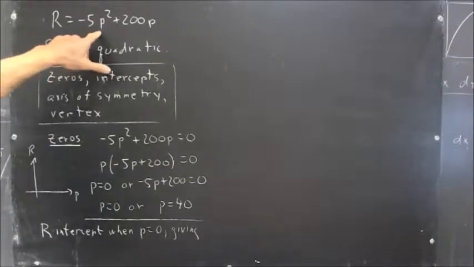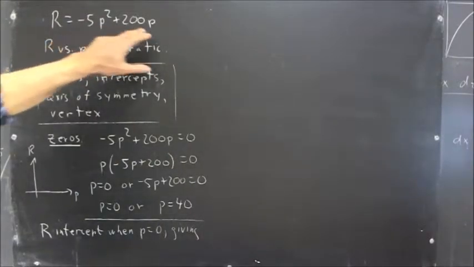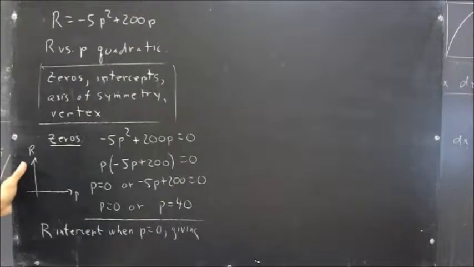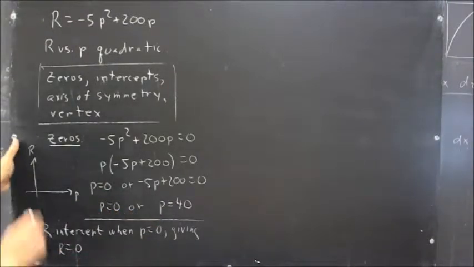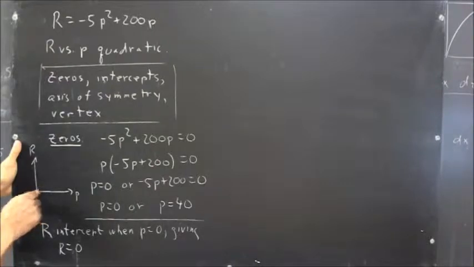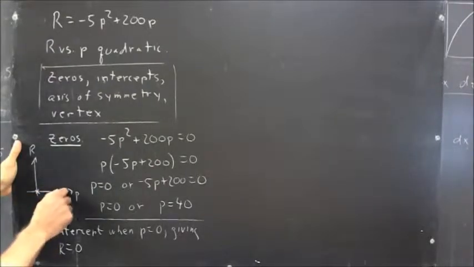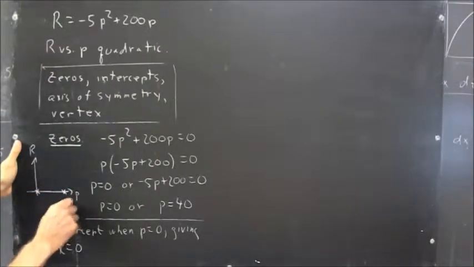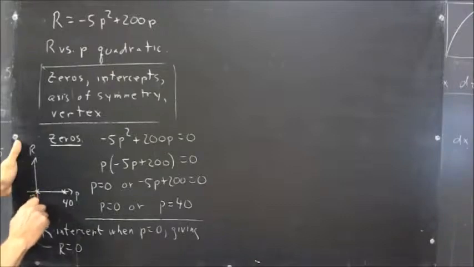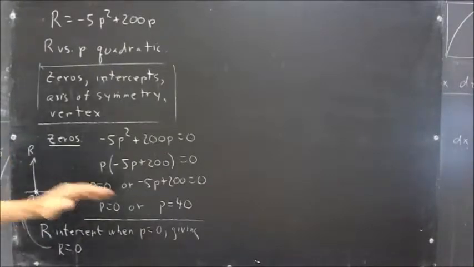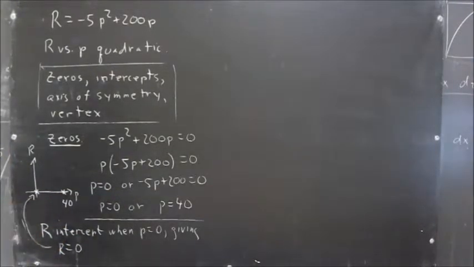Okay, put in 0 for p, you're going to get 0 for both of these terms. You're going to get r equals 0. And of course that's kind of obvious. If we graph the zeros, p equals 0 gives us 0, and p equals 40 gives us 0. That's also an r-intercept. Okay, so the r-intercept is the same as the p-intercept at 0.